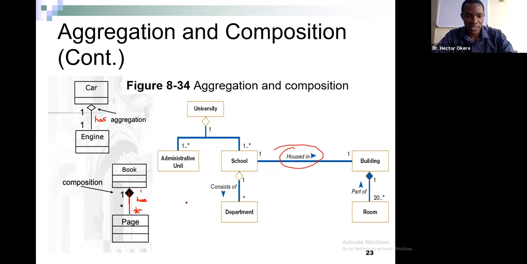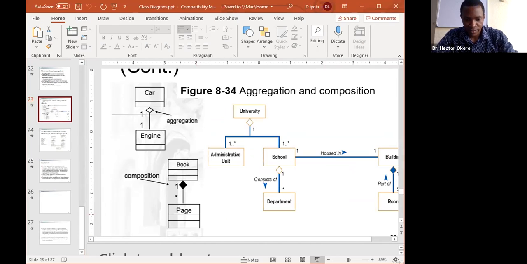Why did I say this? If you look at your diagram, so basically you're saying it is composed of, okay, good. But you're saying now department, if you look at your composition, it is composed of only offices.